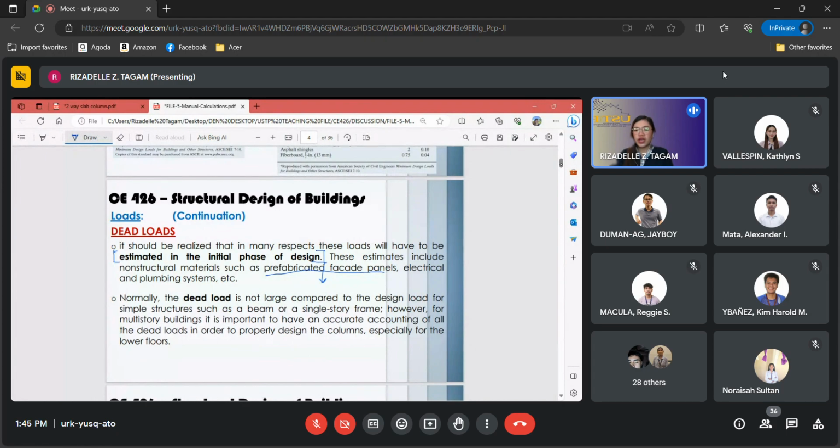Include them, because some people do not include electrical and plumbing systems when solving the dead loads. However, consider them.